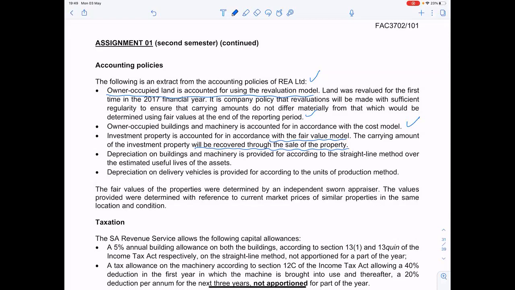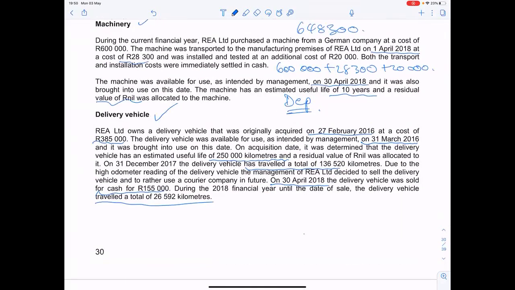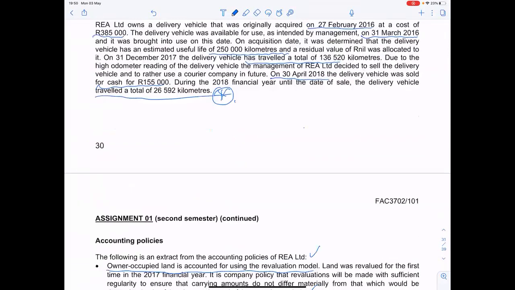Depreciation on the buildings and machinery is provided for according to the straight line method over the useful life of the assets, that is the buildings and the machinery. Then depreciation on delivery vehicles is provided for according to the units of production method. In this case, it is based on the kilometers that have been traveled.